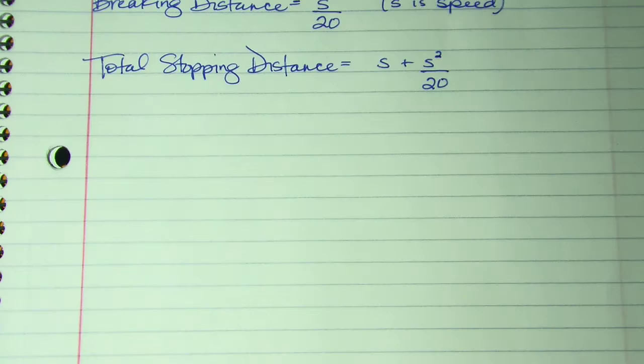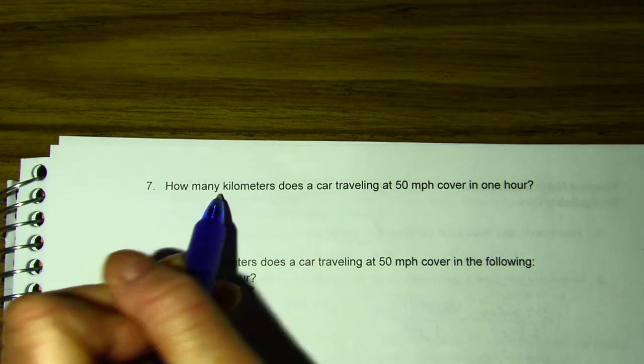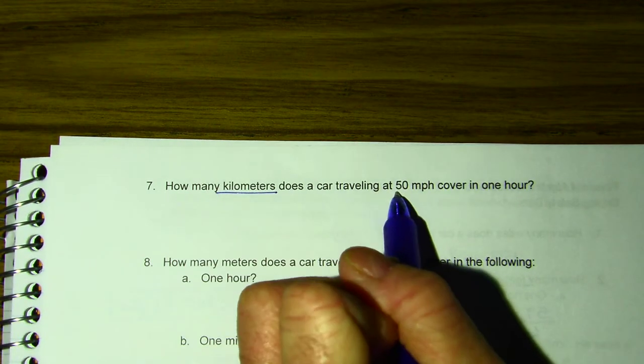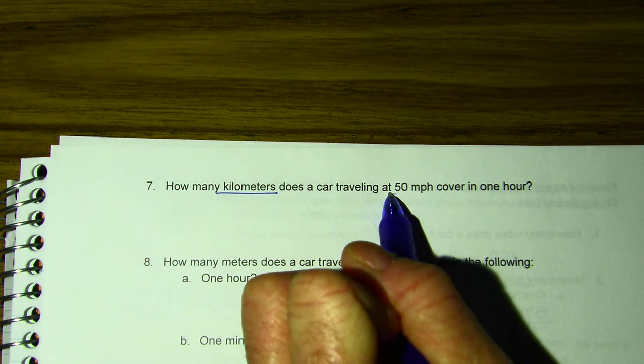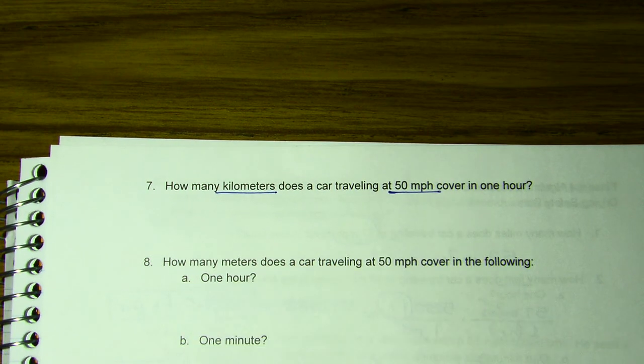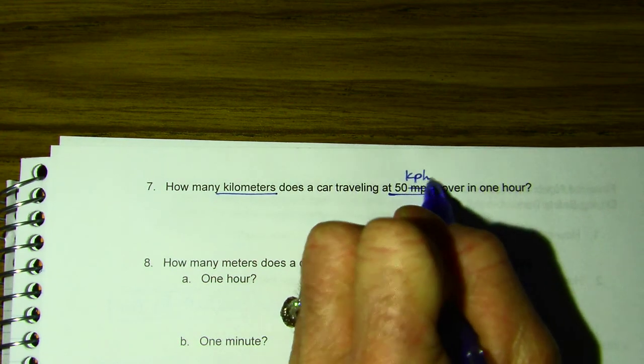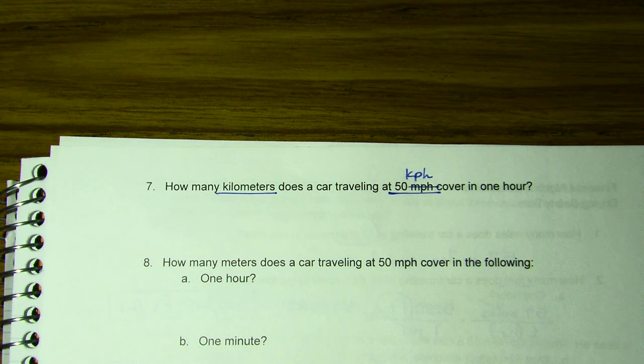All right, now we're going to be dealing with kilometers. So number 7, how many kilometers does a car traveling 50 miles per hour cover in 1 hour? And let me make sure that that is not a typo. Sorry, this should say kilometers per hour. That's my bad.